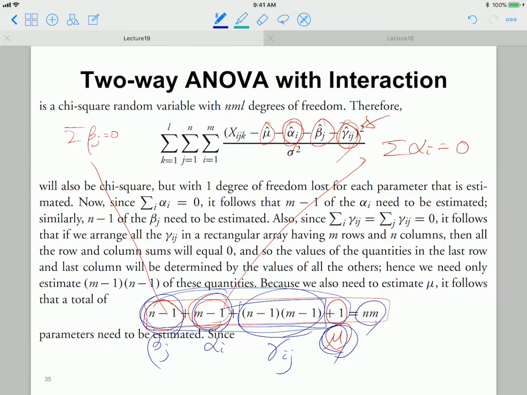So originally we had n times m times l degrees of freedom, minus n times m, and thus n times m times l minus 1 is the final degree of freedom for this chi-square distribution.